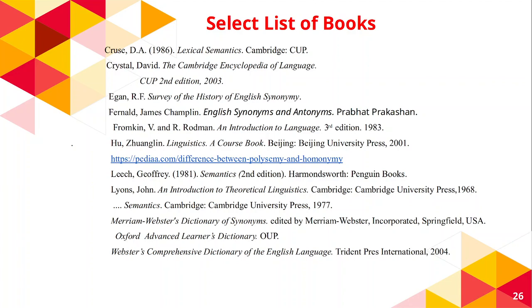The list of books that you see on the screen are the works that I have consulted while preparing this lecture. You will find that I have used a number of dictionaries simply because we have come across a number of new terms, and whenever we come across a new term, we often refer to, and we ought to refer to, good dictionaries.